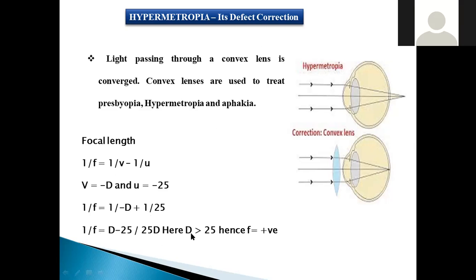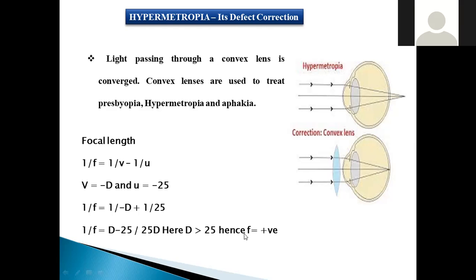Always this D value is greater than 25. This is the condition of hypermetropia. When D is greater than 25, the value becomes positive, because we are subtracting a lower term from a higher term. For example, here we have 30 minus 25, it will become what? A positive integer only.